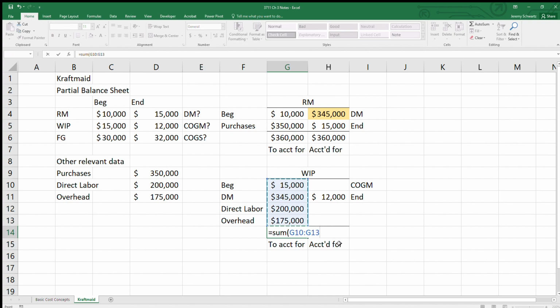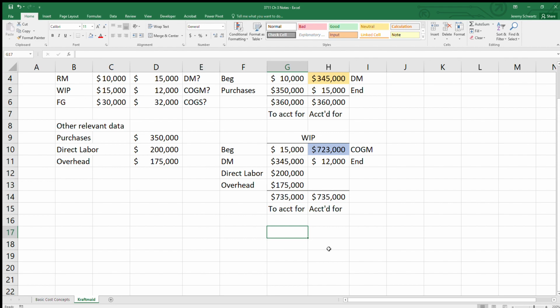We can use our sum function. So 735 is what we need to account for. We have 12 in the ending balance. That means that our cost of goods manufactured must be 723. So we'll come up with a neat little highlight for that.